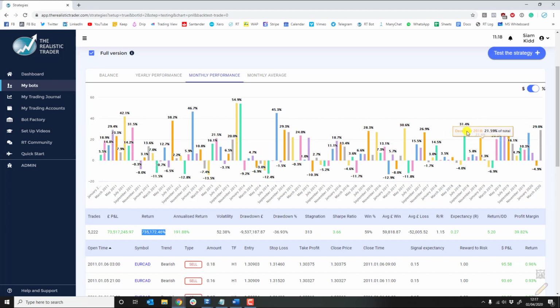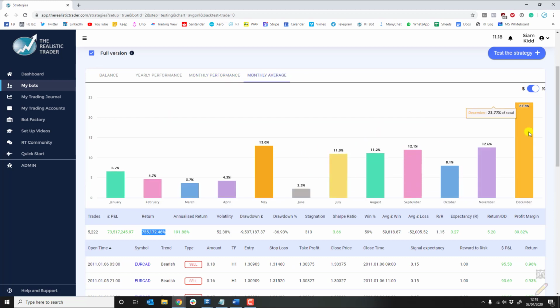The winning months are pretty large, as you can see, and the losing months not so many. And what's pretty cool is that when you do have a losing month, it's not that much. In recent years, from 2017 onwards, not many losing months, and they've only been a max of about 12, 13% or 5%. So I would look at that.